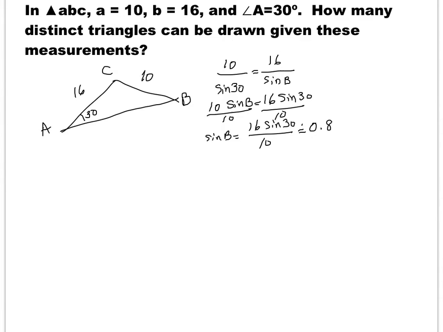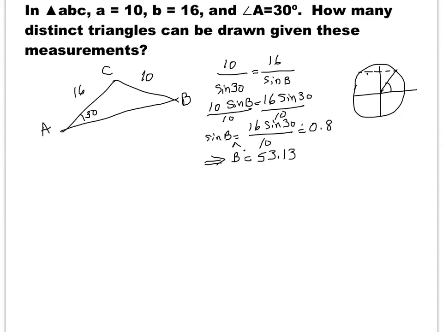If you use the inverse on the calculator, we get that b is approximately 53.13. Now again, this is our unit circle. This is 53.13. Sine is also positive in the second quadrant.